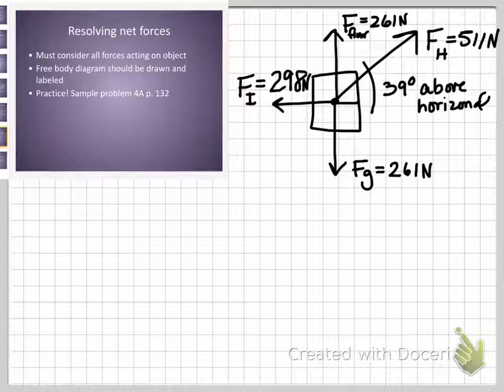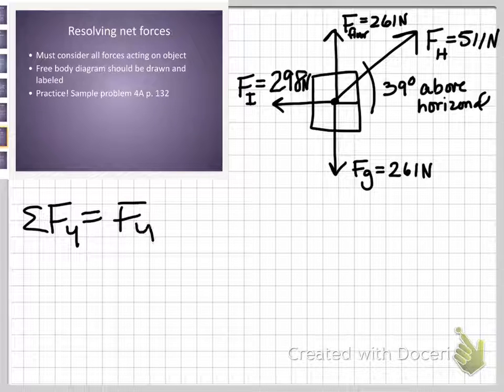Okay. Well, I've got my free body diagram, which would be my first step. I'm going to go for sum of forces on the y, which is all the forces up minus all the forces down. Is it 0?